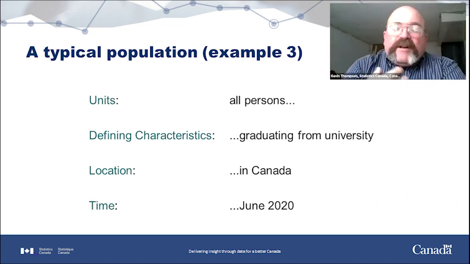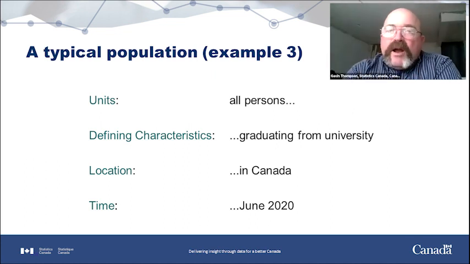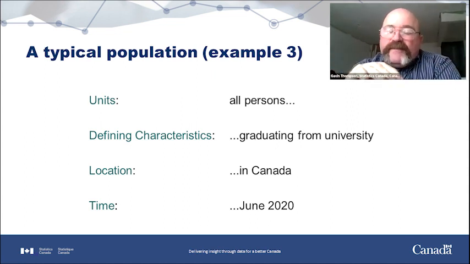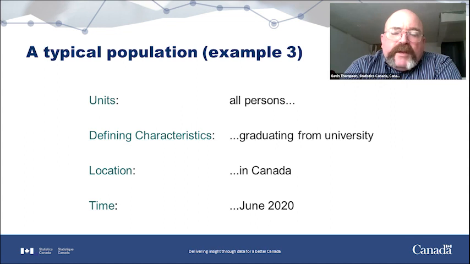So if a client came to me and said, I need to know people that graduated in June 2020, I would probably ask them if they meant people that graduated in the school year starting fall 2019 and ending in June 2020. Are they looking for exclusively Canadians, or are foreign students allowed to answer this?